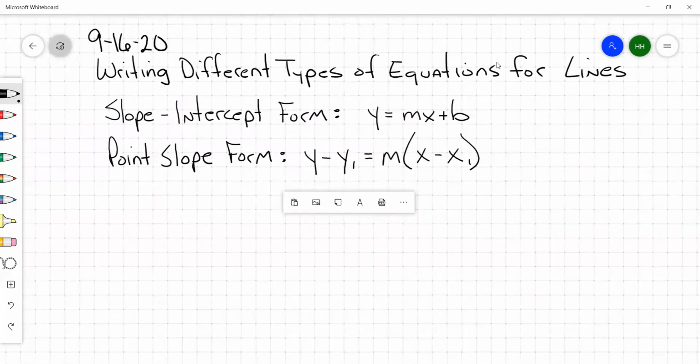And the other type of line we'll be writing today is going to be a line that's in what's called standard form.